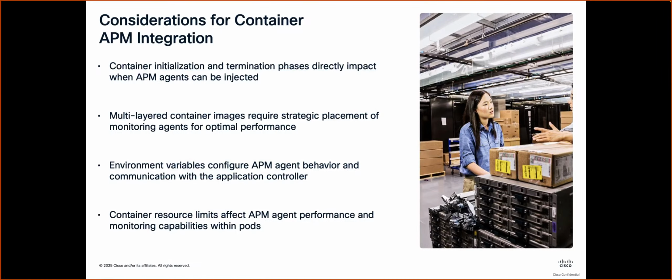So there's also the wider impact of making sure that you have not just the instrumentation for APM. You also want to start looking at where you want the application monitoring to be happening from.